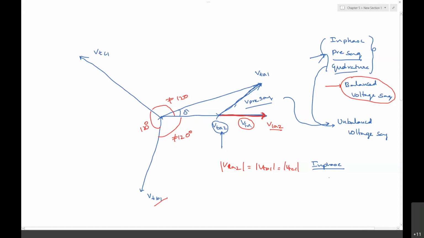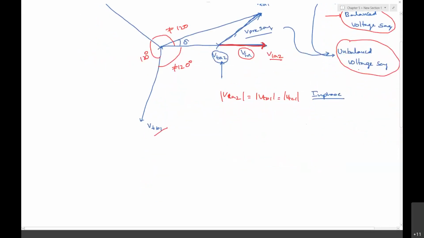So during the unbalanced voltages, whatever the methods explained, the in-phase injection, the pre-sag injection or the quadrature injection, they take the voltages VTA2, VTB1 and VTC1.